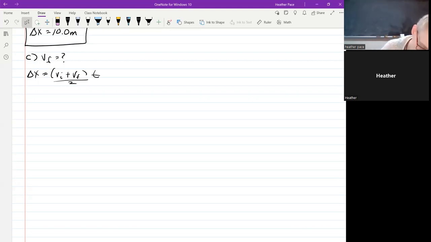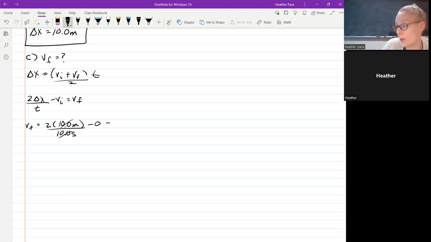Okay, so we're solving for VF. And we have 2 times 10.0 meters divided by 10 seconds, minus 0, and we end up with 2.00 meters per second.